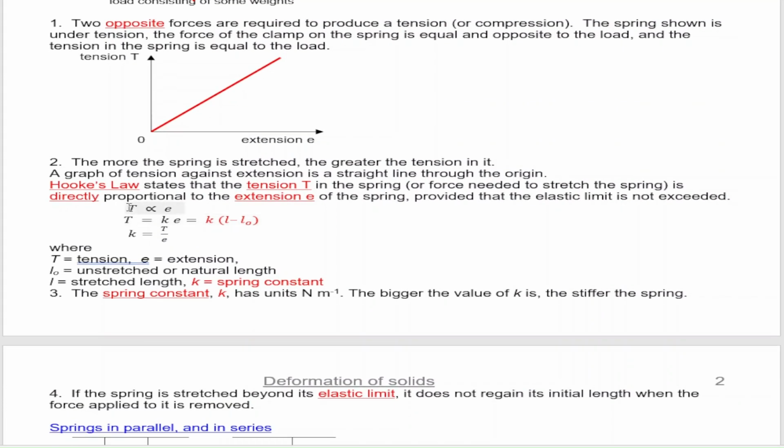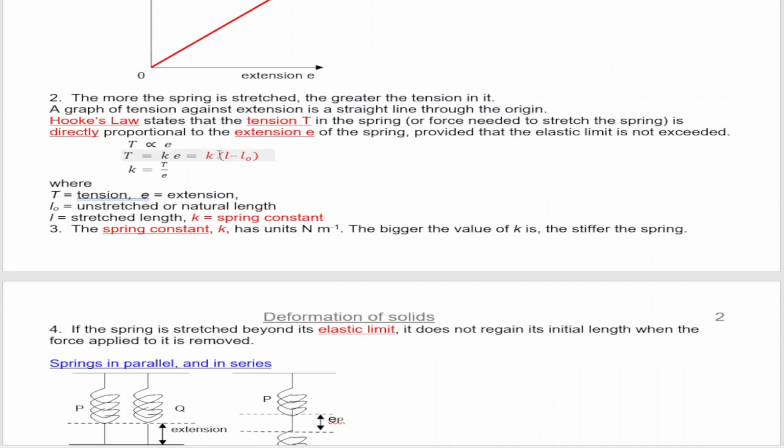So we write T is directly proportional to E, removing the proportionality sign and putting a constant of proportionality k, we have T is equal to kE. Now we know that E is equal to the new length minus the original length. The spring constant is the constant of proportionality, which has the symbol k.